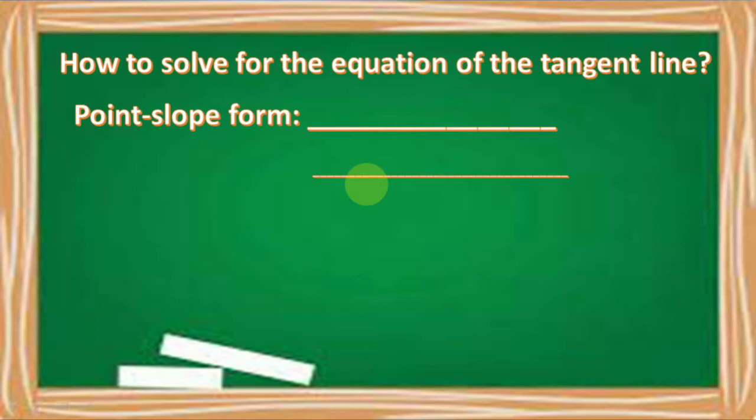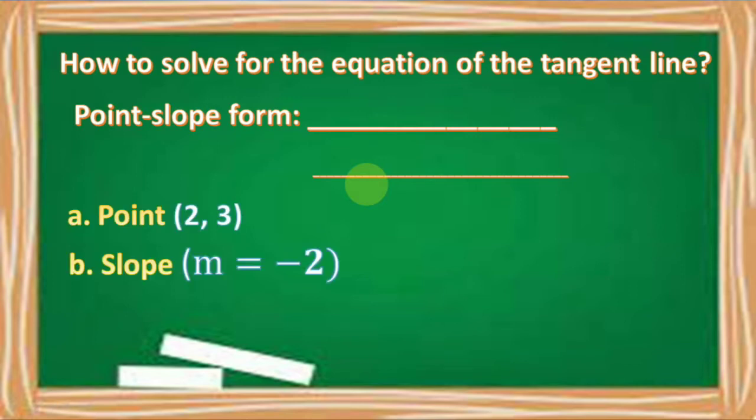Say the point and slope are already given. We're just going to substitute these values in our equation. y minus y sub 0 is equal to m times the quantity x minus x sub 0, where y sub 0 is our y coordinate, m is our slope, and x sub 0 is our x coordinate.